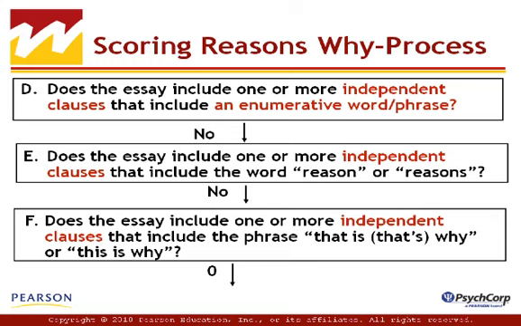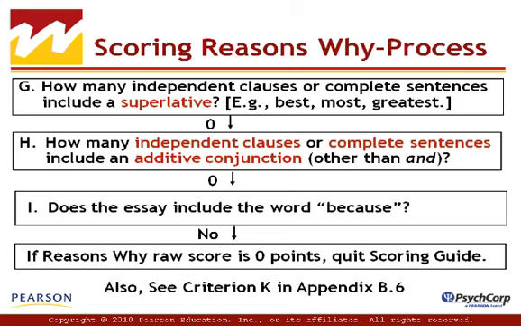Maybe my essay includes the word reason or reasons, but let's say I didn't. Does it include the phrase that is why or this is why? So this is really the process that you want to use when you're identifying reasons. And then criterion G, how many independent clauses or complete sentences include a superlative, best or most or greatest, 0.